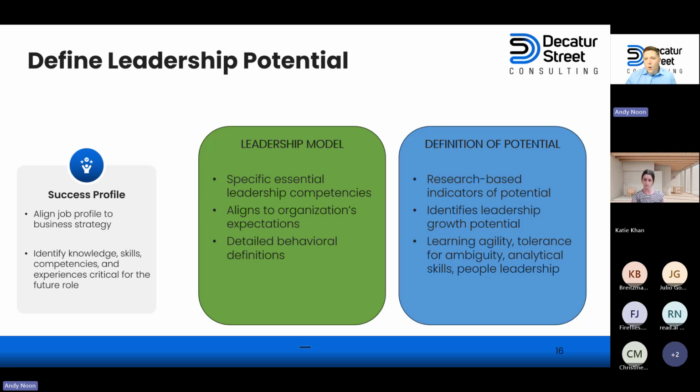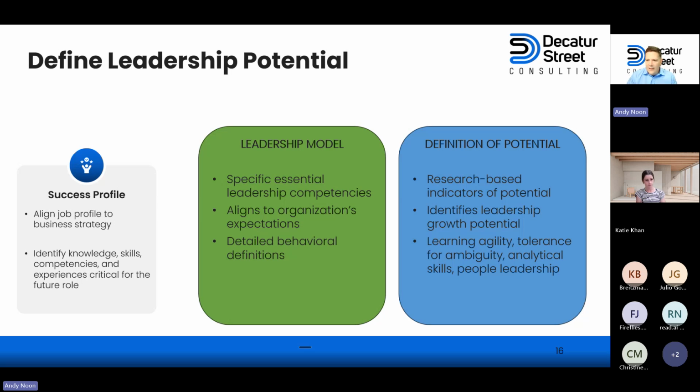The other way you can go about this, and I'm starting to take a more thoughtful approach around this, is defining what leadership potential should be. We know there are some things that research has shown are indicative of individuals who are able to be successful because they have the potential to grow and learn and have higher capabilities.